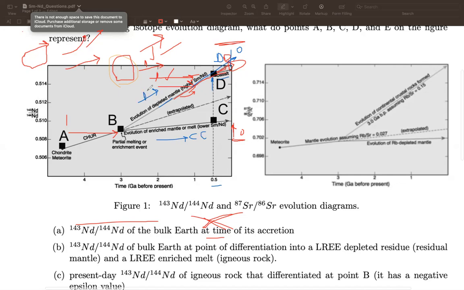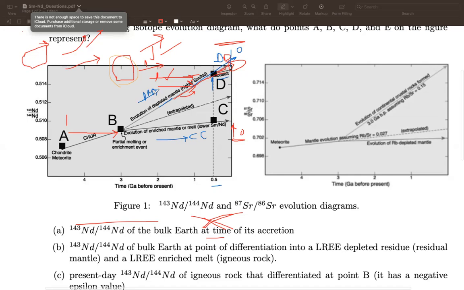And what is the depleted mantle producing? Where do we get basalts? Sorry, I don't hear you. Yes? Mid-oceanic ridge basalt. Okay, that's right. Very good. Mid-ocean ridge basalt, because that is the product of depleted mantle, right?